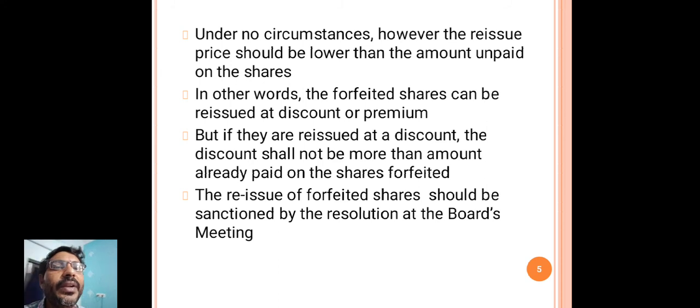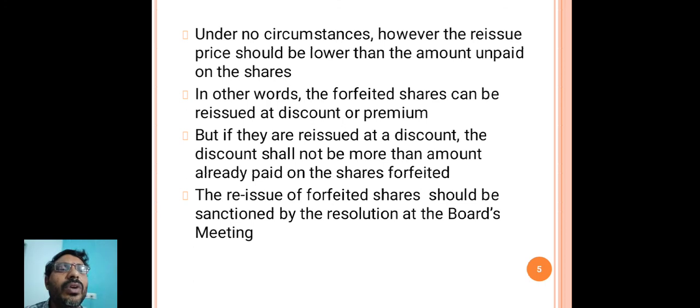Here the point is, if they are reissued at a discount, the discount shall not be more than the amount that the people who were allotted the shares the first time had already paid on the shares forfeited.